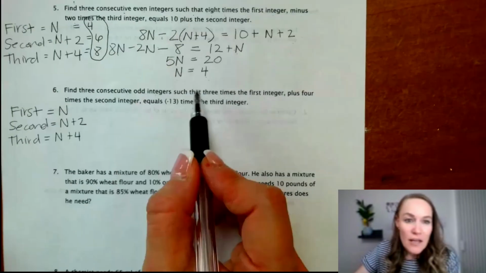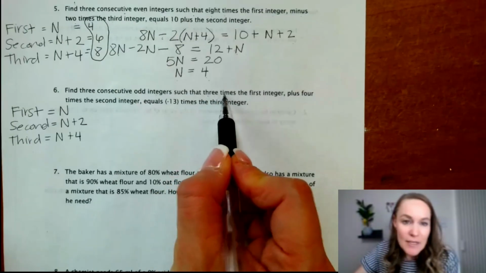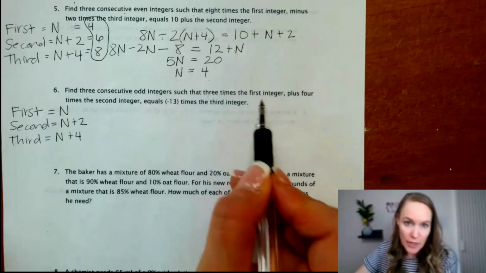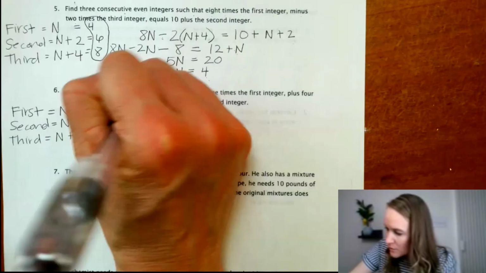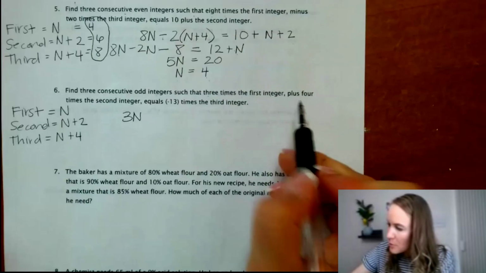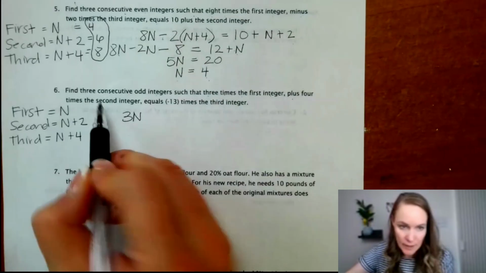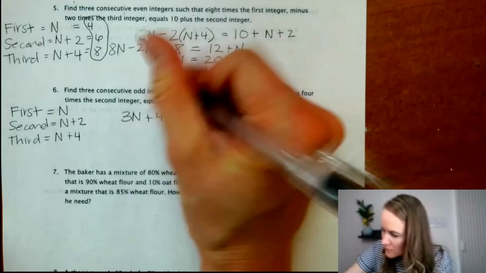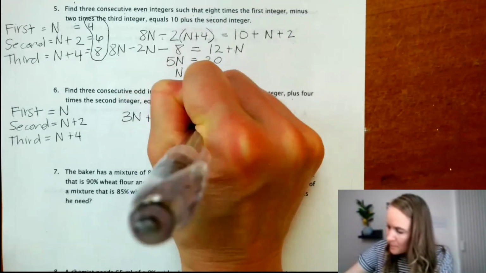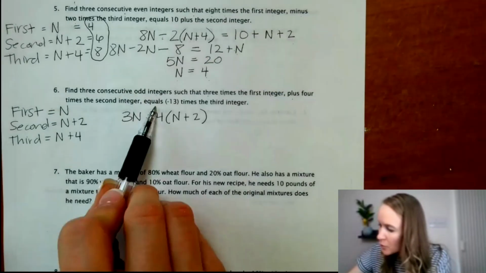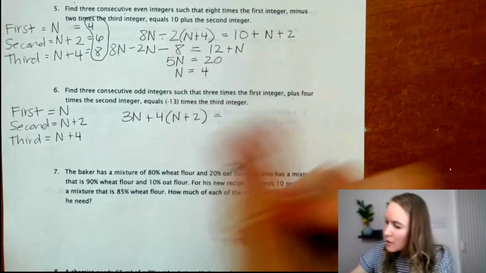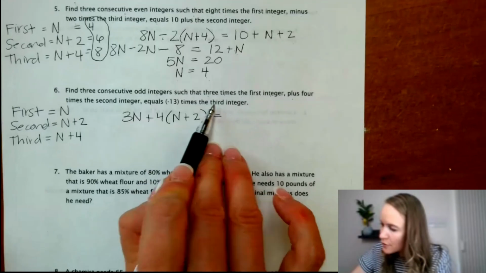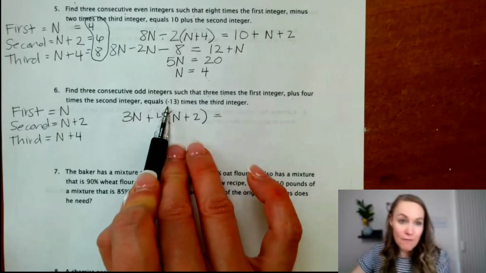Okay, 3 times the first integer, plus 4 times the second, equals 13 times the third, oh, negative 13.